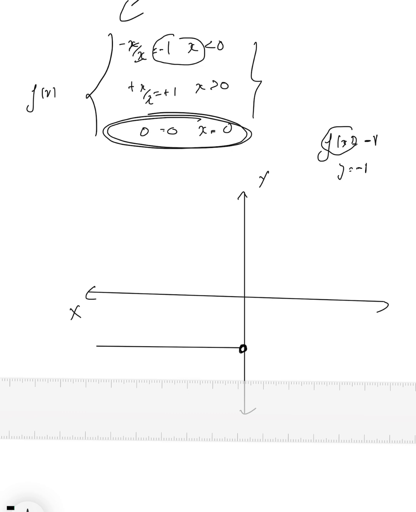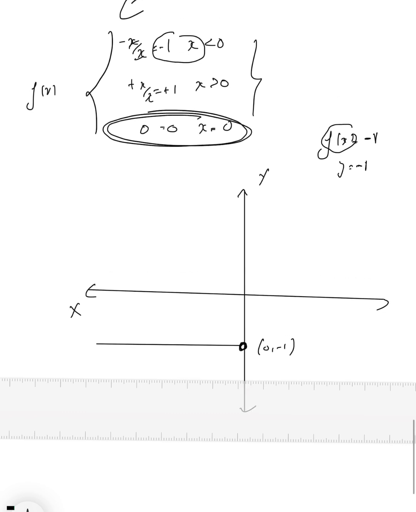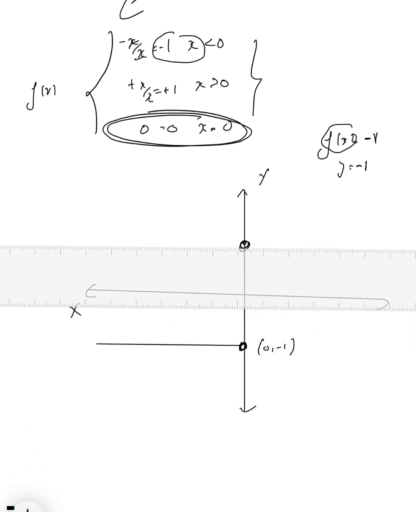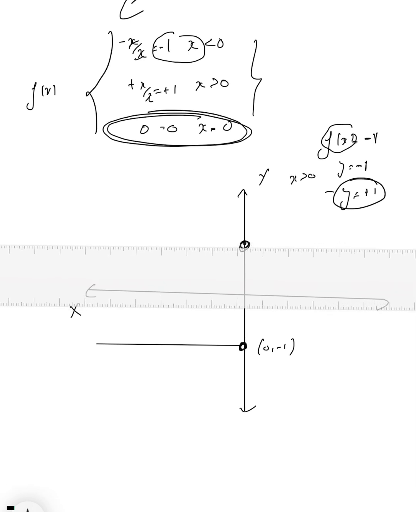So now if I put positive values, I get y = positive 1. If I put any value of x greater than 0, we get y as positive 1.